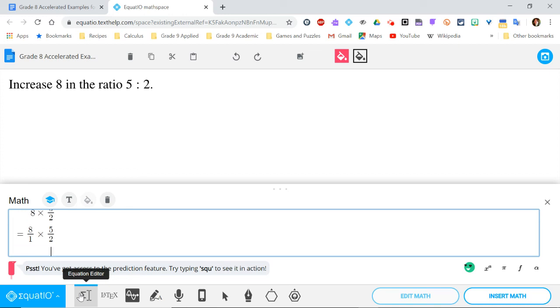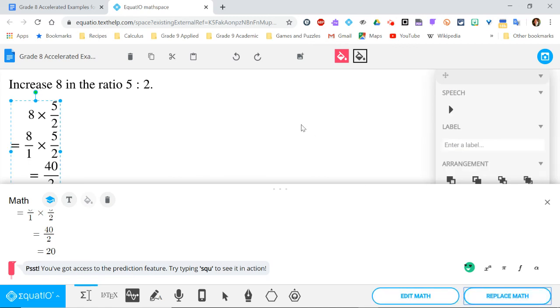I'm going to do Shift Enter. When we multiply fractions, the numerator is multiplied by the numerator, so we get 40. The denominator times the denominator is 2. You'll notice that if I'm under the fraction and I hit Shift Enter, nothing happens. So I hit my right arrow once and it puts me in the middle, and then I hit Shift Enter. So I get equals 20.